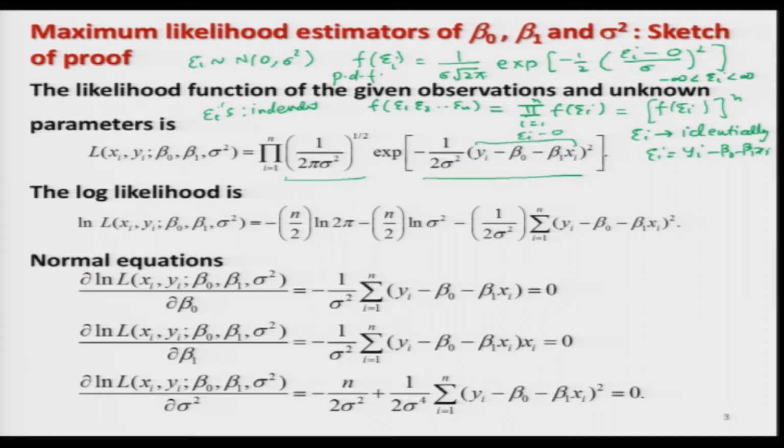So, what we try to do here is maximize this likelihood function and obtain the values of beta 0, beta 1 and sigma square. So, we know that the likelihood and the log of likelihood are both monotonic functions. So, instead of maximizing the likelihood function, I can maximize the log likelihood also.